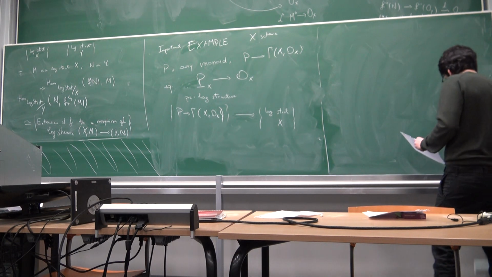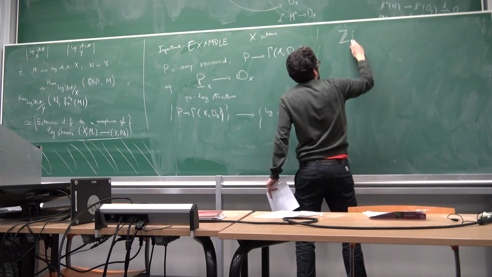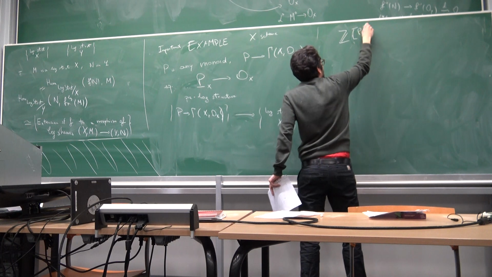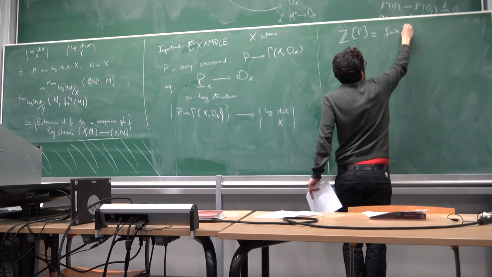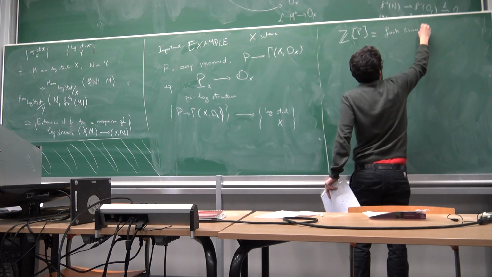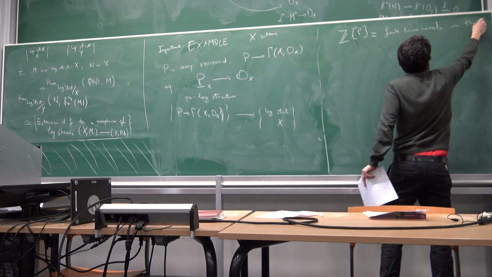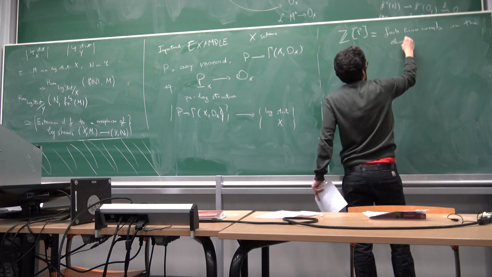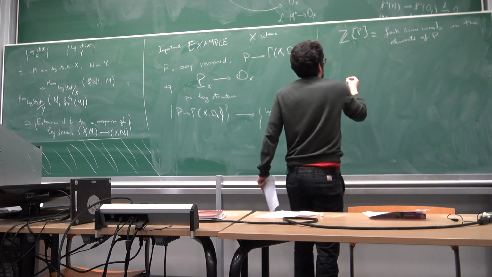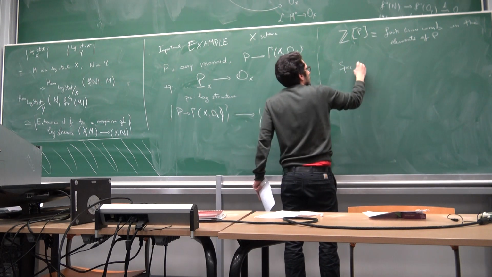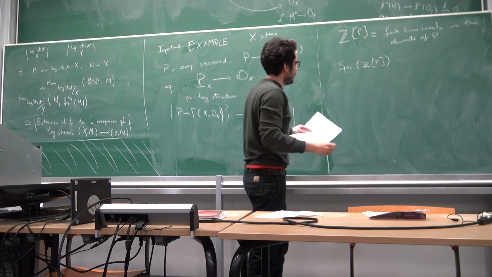If P is a monoid, we can actually consider this ring ZP. So this is just given by finite linear combinations of the elements of P with the obvious operations. And we can then form an affine scheme.